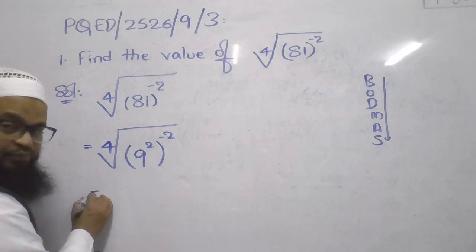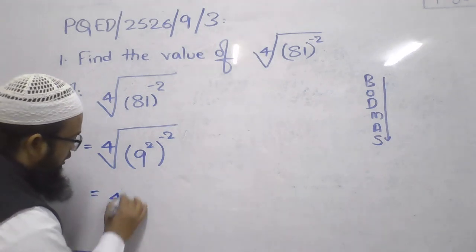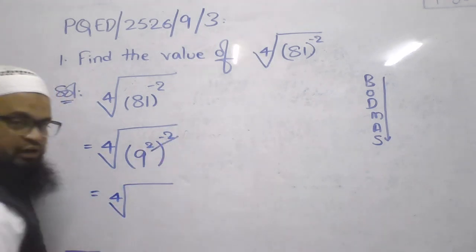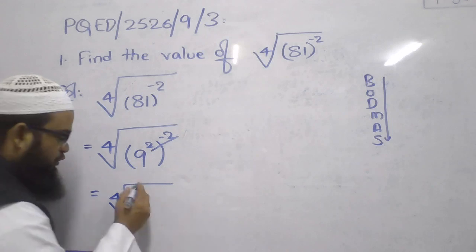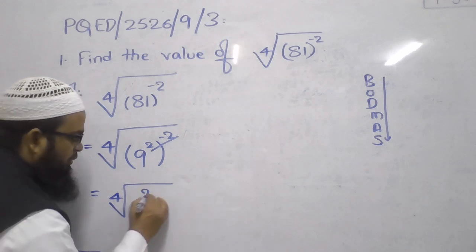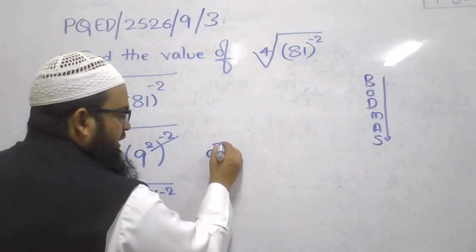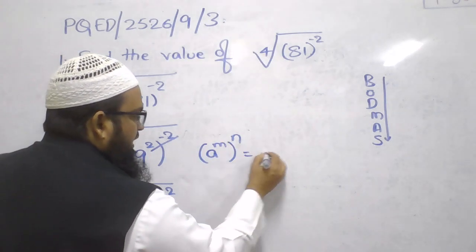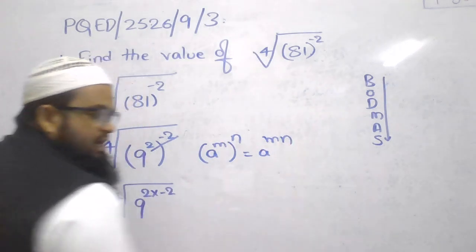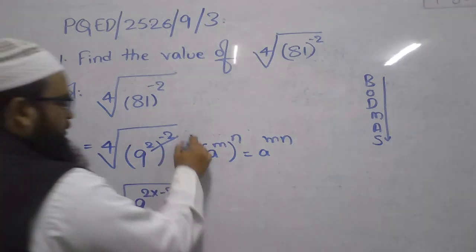So that will be the fourth root of power over power. When you have power over power, what are you supposed to do? Just multiply: 9 to the power of 2 times minus 2, right? So what is the law of exponent here? a to the power of m whole to the power of n is equal to a to the power of mn, right? So this we are going to use.